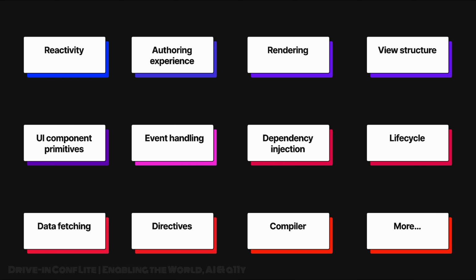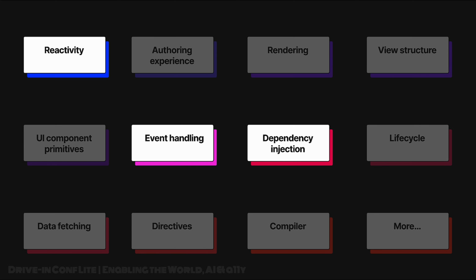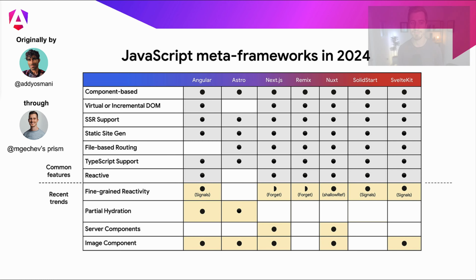All right, now I covered a lot of stuff here. I talked about reactivity, event handling, and dependency injection, and I haven't even scratched the surface. There is so much more in one web framework. But hopefully you saw that frameworks are very much converging on similar concepts. And Addy Osmani shared in his JavaScript Meta Frameworks in 2024 talk at I/O that frameworks are often sharing very similar features.